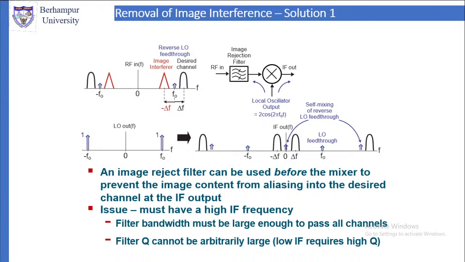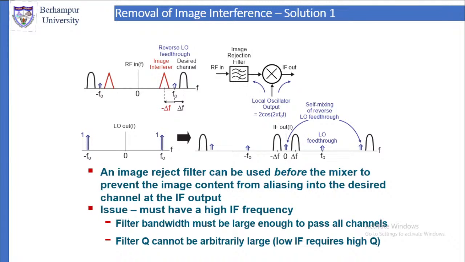When it goes to the left, it will be at the origin, at DC, and when it goes to the right, it will be at 2F0. So the other signal, the desired signal, will be beyond 2F0, that will be F0 plus delta F, and F0 minus delta F will be near the DC. So near the DC will be delta F.